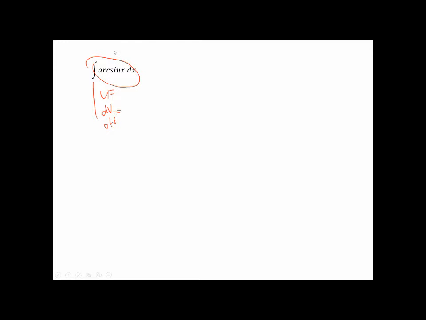Let's see. Recall our formula. I think I remember this. Arcsine x, I know its derivative equals 1 over square root 1 minus x squared, dx, right? So, okay, I know if I find u, I'm gonna do the derivative, find du.